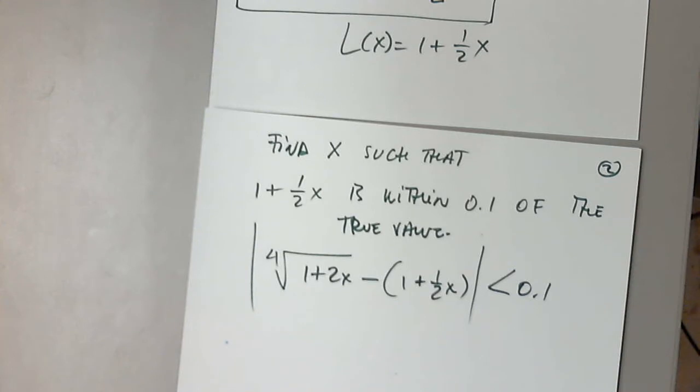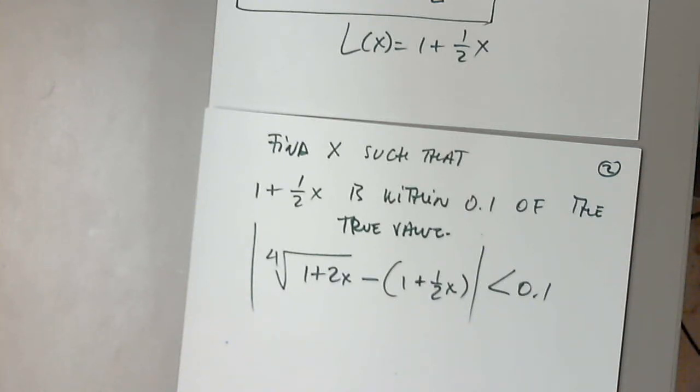Okay, let's think about it for a moment. So find x, how far I can pick x from 0 to the left and to the right. Because I can't guarantee that negative 0.5 will give me an error less than 0.1, right? So it says find x such that there is not more of an error than 0.1.